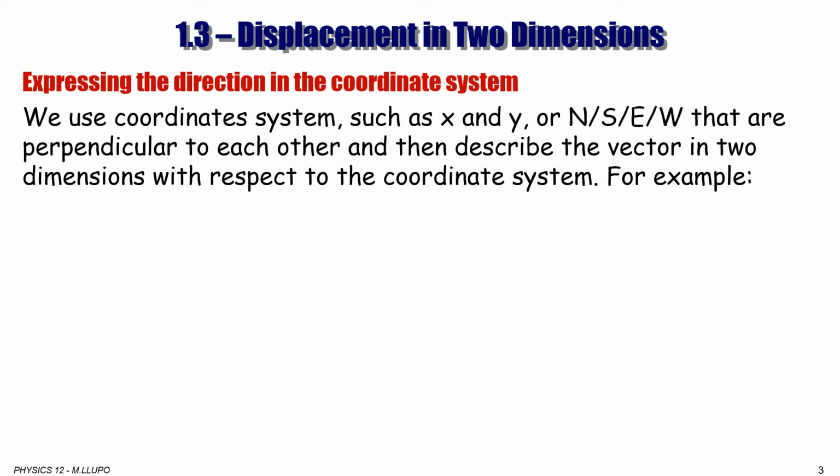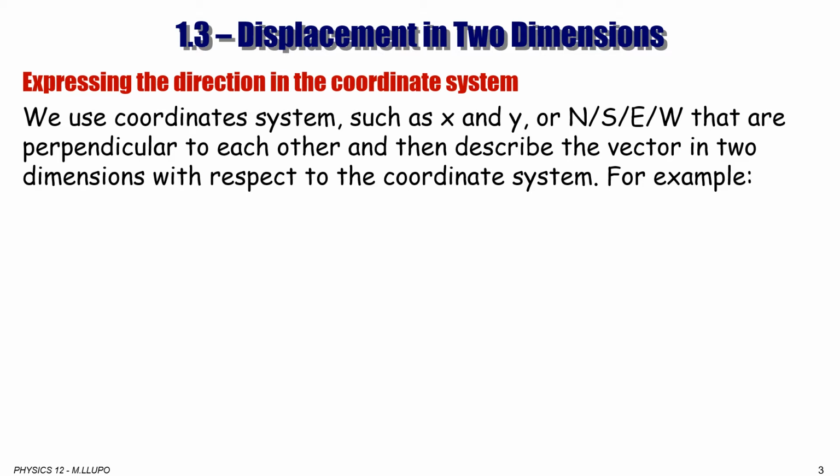So if the vector is drawn in that coordinate system, you should be able to describe the vectors in two dimensions or resolve the vector in two dimensions. And we can express how this vector is in respect of this coordinate system.